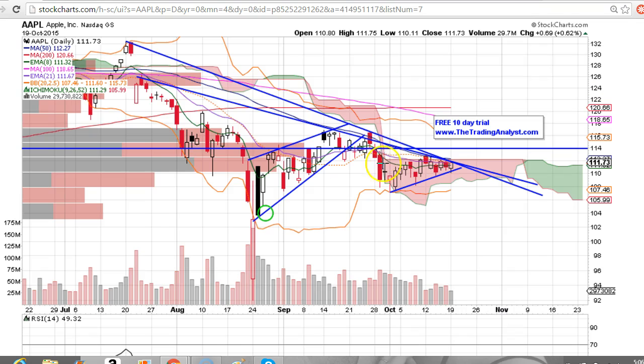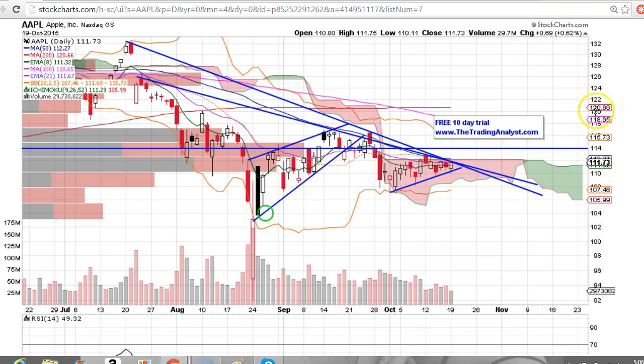On the downside targets, we need to be holding this uptrend line support right here. A break below that line would probably send Apple much lower, at least to 107, maybe even to the gap fill at 104 down here.